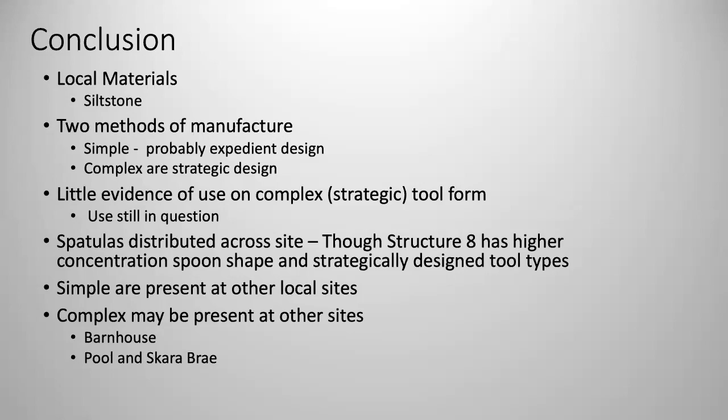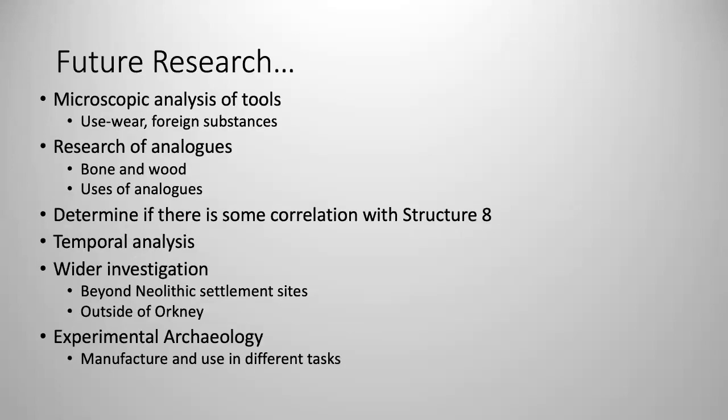And there also may be some complex or strategically designed tools present at other sites, i.e. Barnhouse, Pool, and of course the reference by Childe at Scarabray. So as is often the case when we research these things in archaeology, we generate more questions than we have answers.